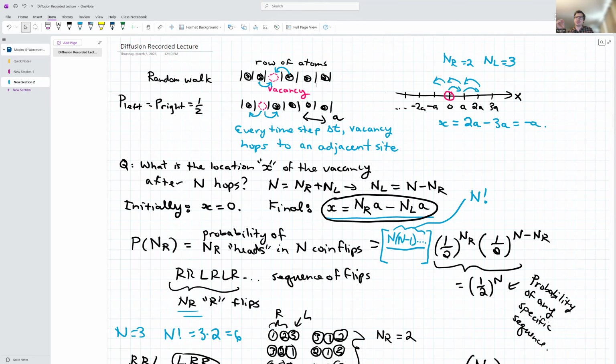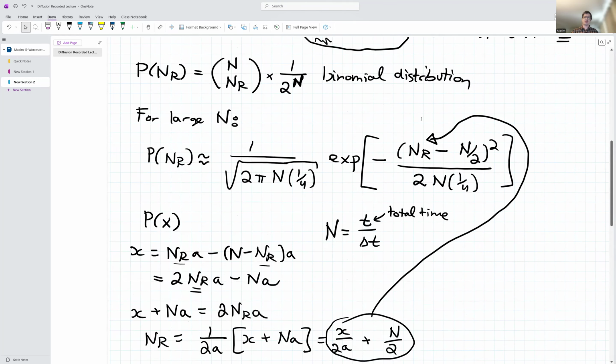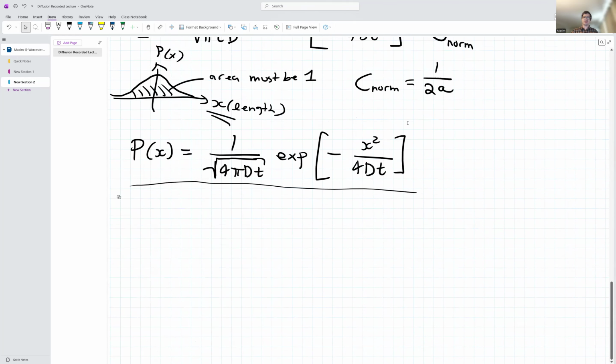And that gives you basically a number concentration for vacancies in the material, assuming you start with a whole bunch of vacancies at the origin. So we're going to transition from using probability to concentration in a bit because that's more relevant for materials. But okay, so that's the random walk.